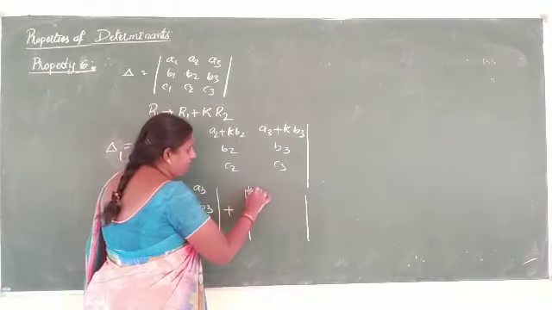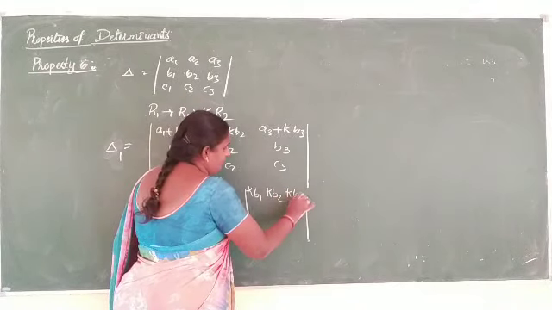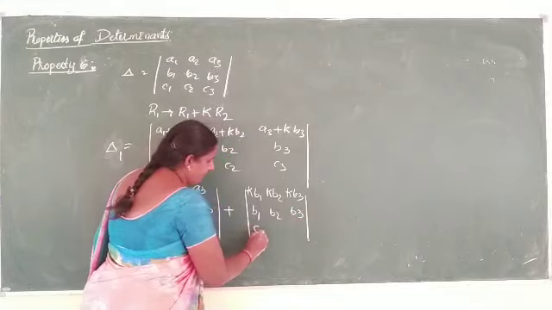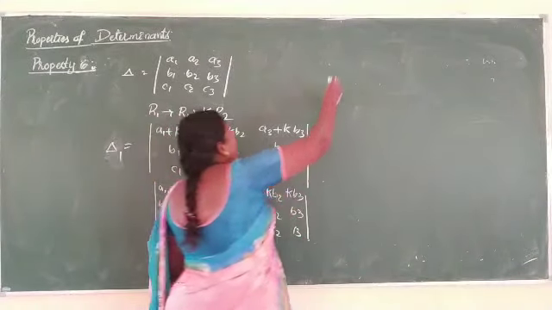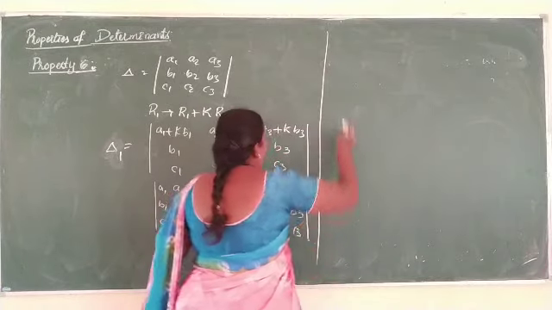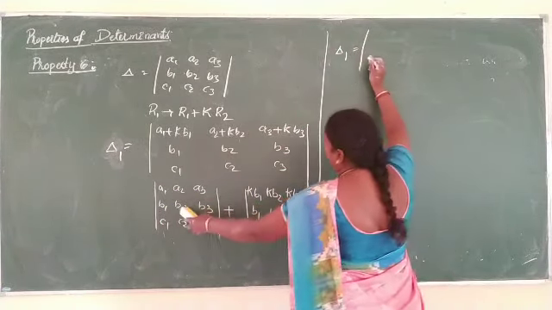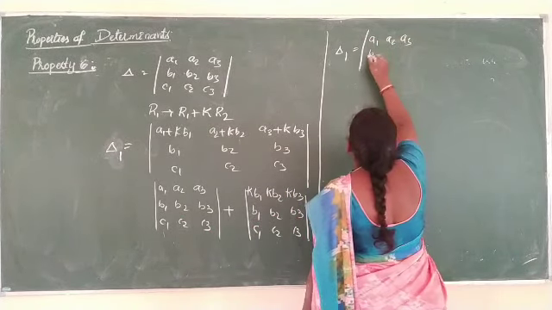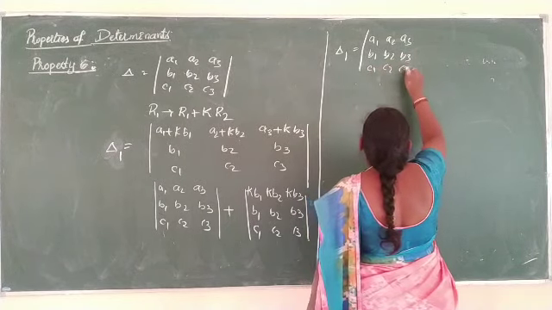And the second determinant K B1, K B2, K B3, and B1, B2, B3, C1, C2, C3. And in the next step, what we can write? Delta 1 is equal to this matrix as it is, nothing changes: A1, A2, A3, B1, B2, B3, C1, C2, C3.